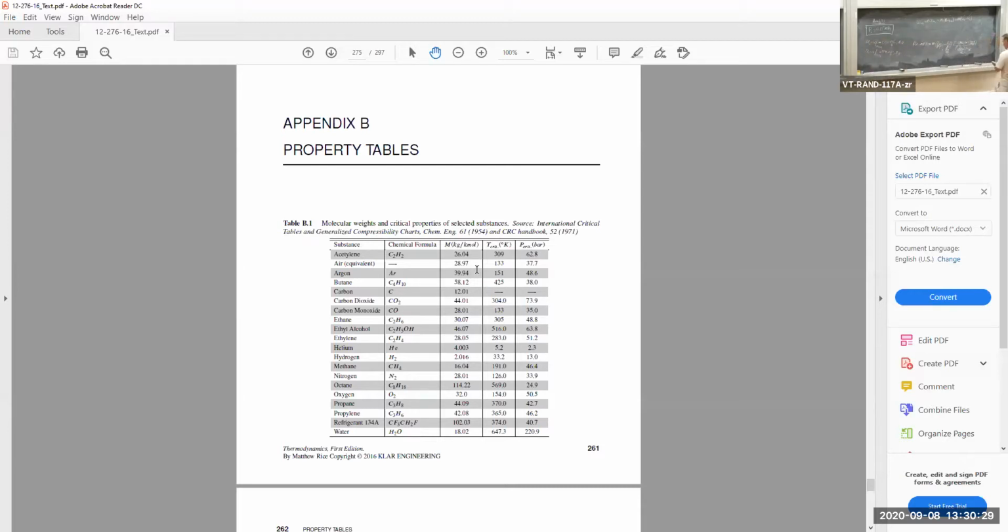So 0.25 times 3 times 1,000 divided by 8.3 divided by 500, multiplied by 28.97. And I get 5.23 kilograms.